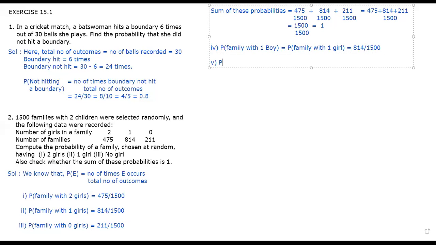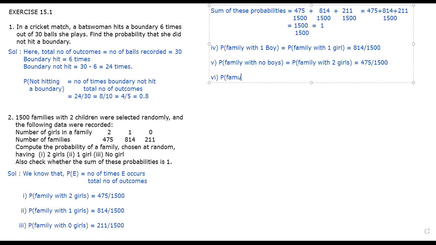Yes, sir. Now tell me, probability of family with no boys means what? Which families are with no boys? 475... 470 means the families with 2 girls. Both the children are girls means there is no boy in the family. Yes or no, children? Yes, sir.